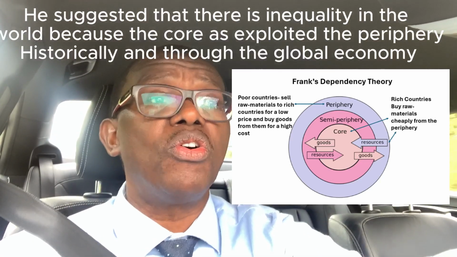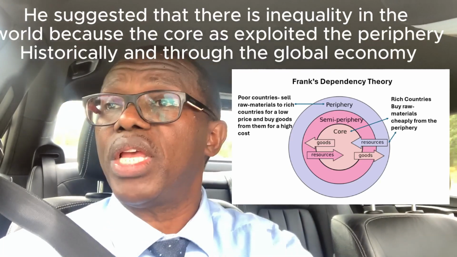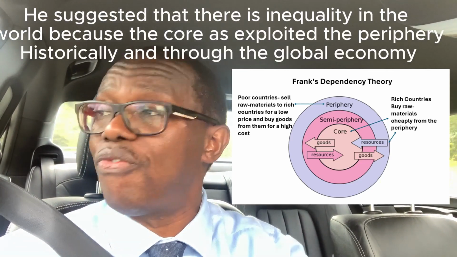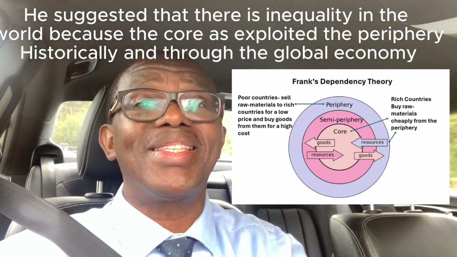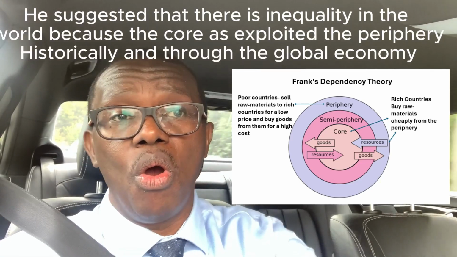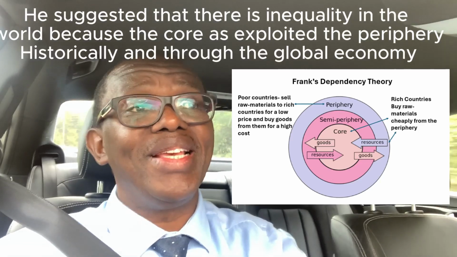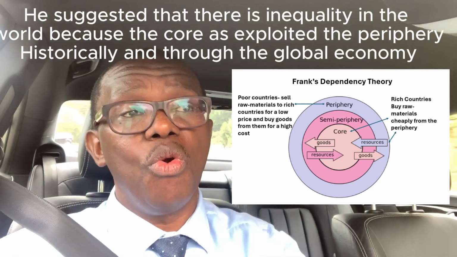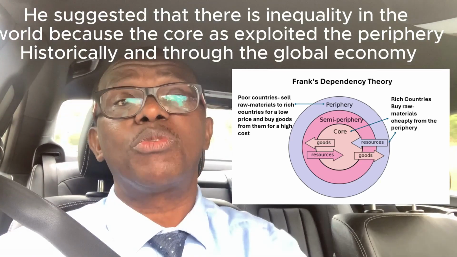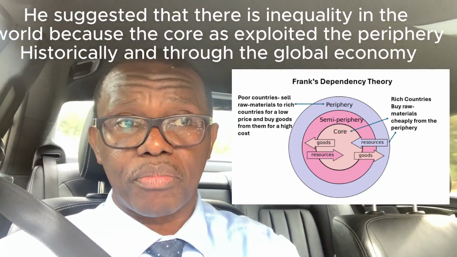Then they will process those raw materials into finished goods or manufactured products, and sell them back to the periphery for a large profit. He said that's another way through which the core will exploit the periphery.